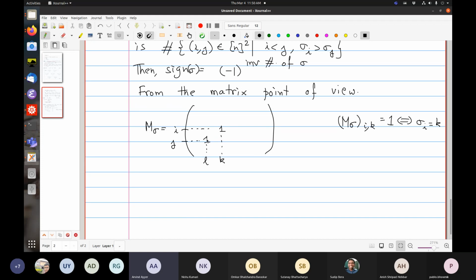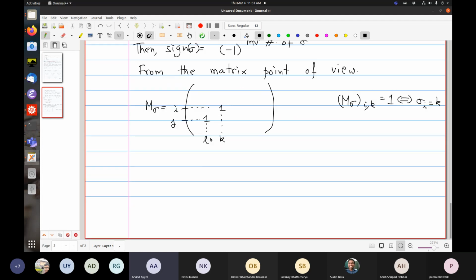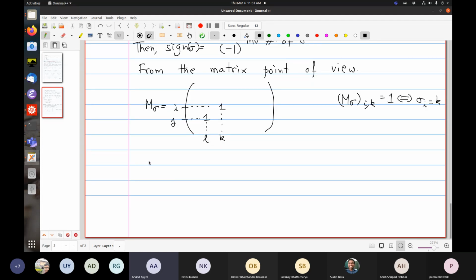You have a 1 somewhere, and to its top right, you have another 1. So in other words, for every 1, I look to the quadrant to the top right and count the number of ones.